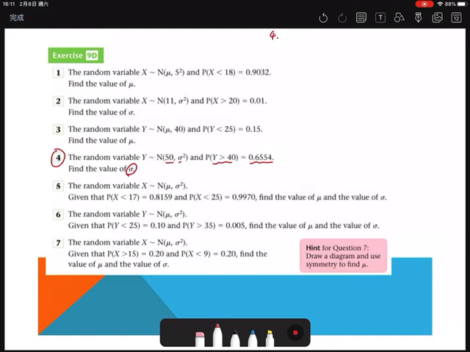Find the value of sigma. The same as before, firstly we standardize y to be z. So y greater than 40, y minus mu, 50, is greater than 40 minus 50, then divided by sigma.